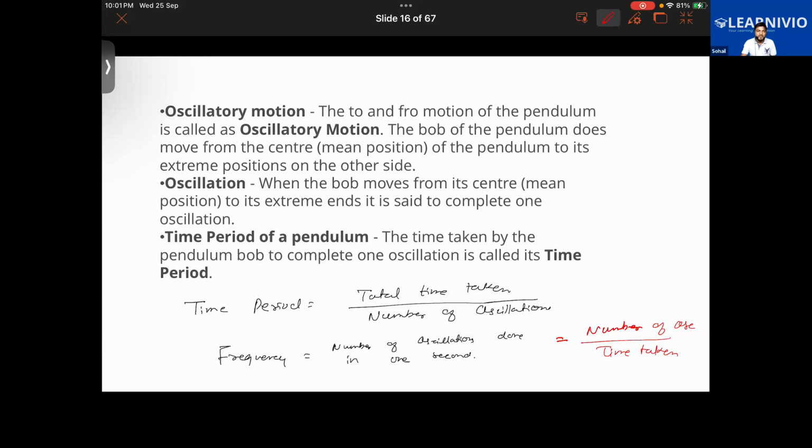When you invert the numerator and denominator, that becomes the reciprocal of the given number. Here the numerator goes to the denominator. So frequency is the inverse of time period. Whatever you get in the time period, if you inverse it, you will find the frequency.